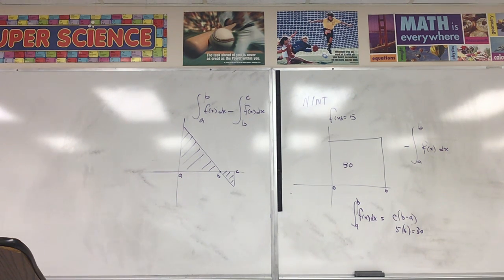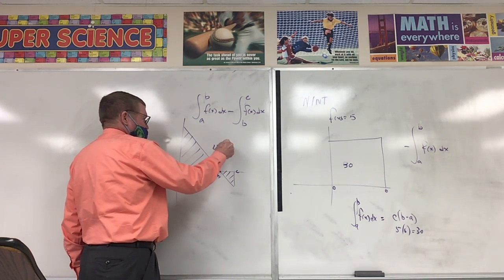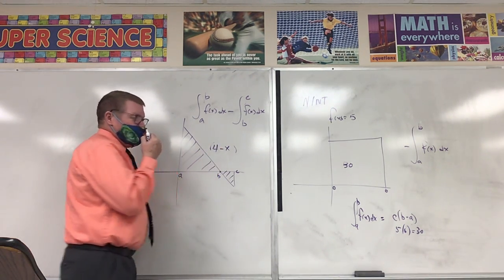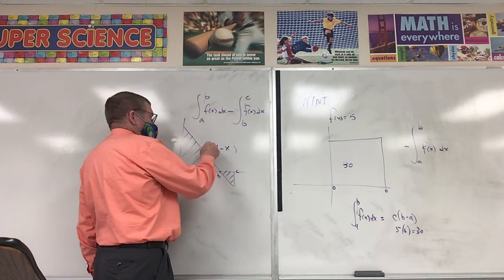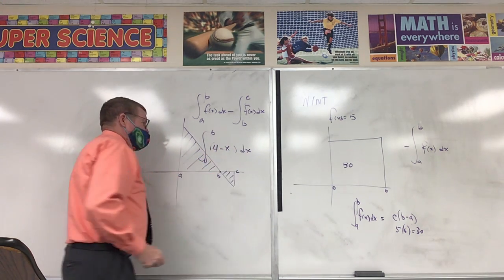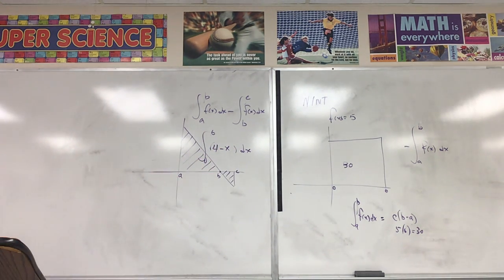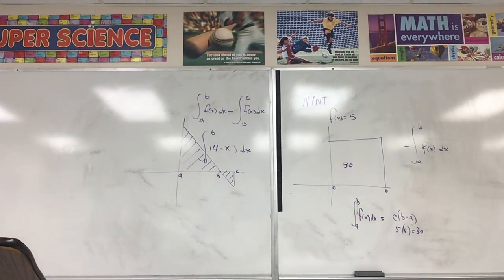All right. Let's do this one now. This was 4 minus x, and we were doing it from 0 to 6. So 0 to 6, 4 minus x dx. Now, when you do this, you're going to find your answer is going to end up being 6.